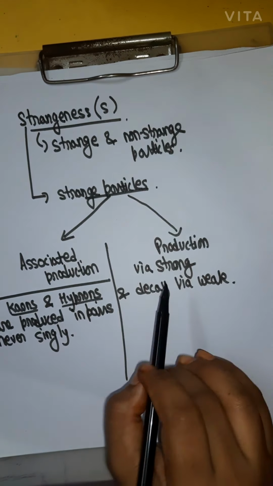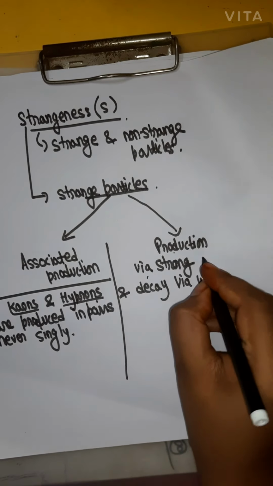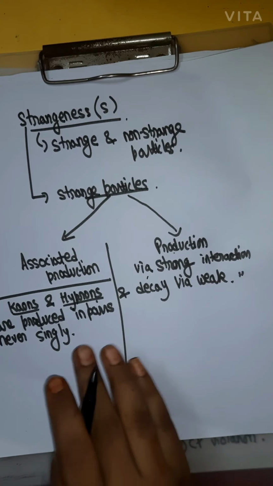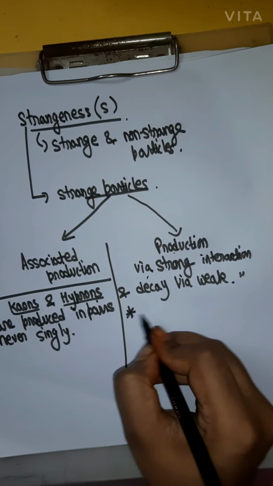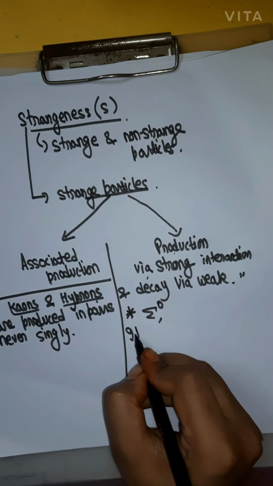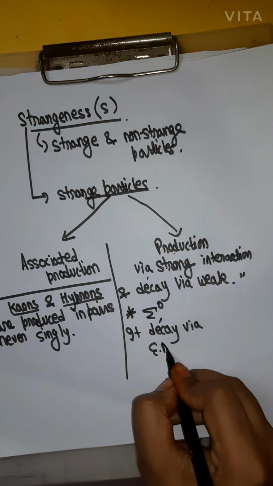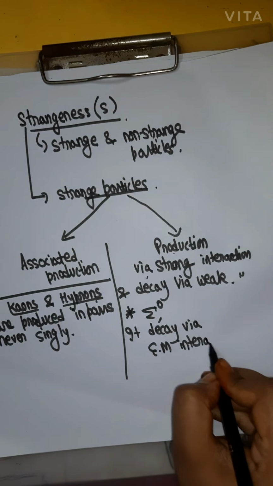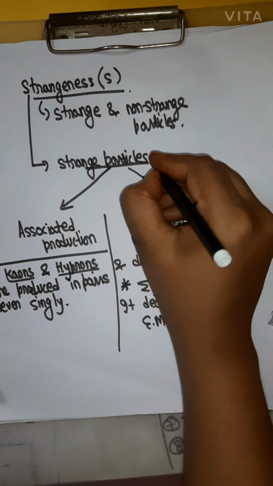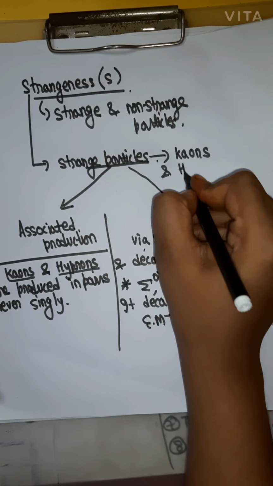Strange particles have another property, that is production via strong interaction and decay via weak interaction. But here we have an exception of sigma 0, because it decays via EM interaction. So we came to know the strange particles are kaons and hyperons.